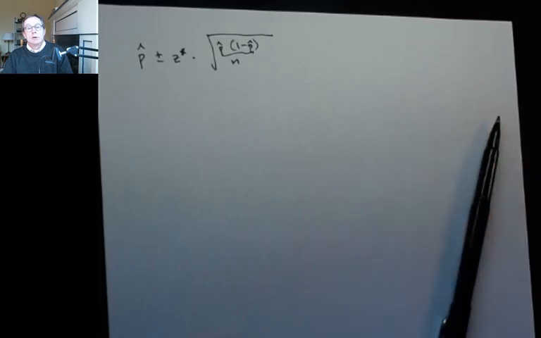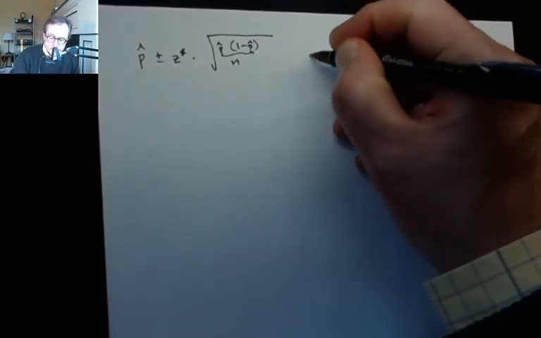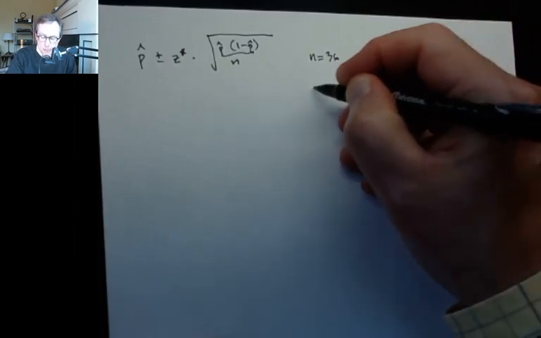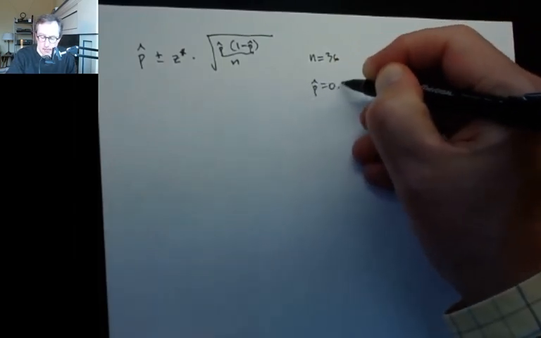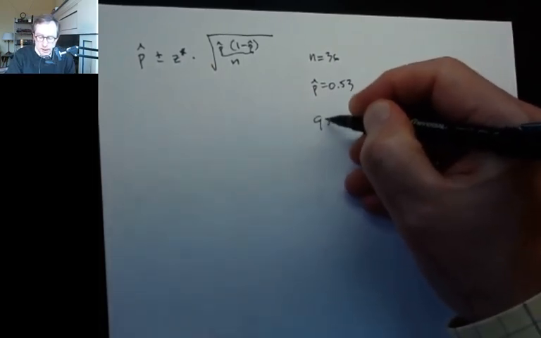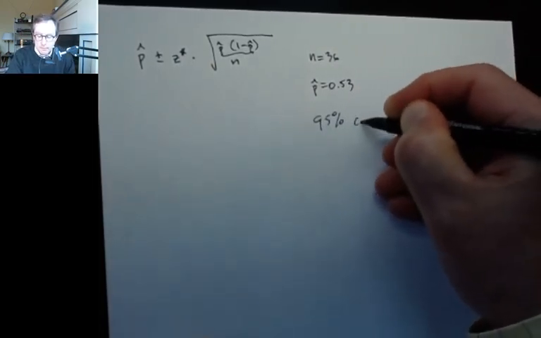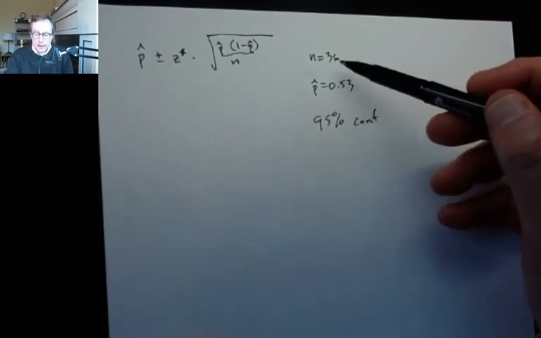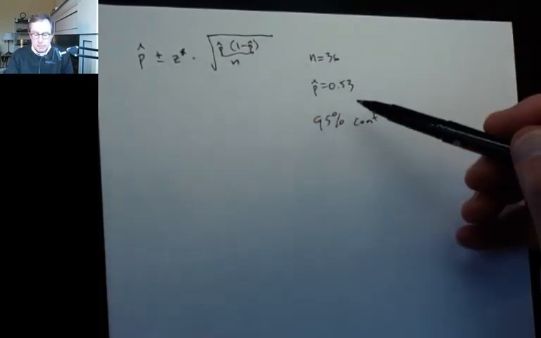Okay, now I know that the slide is on the previous slide, but it wasn't so long ago. There were N equals 36 students. We reported a P hat of 0.53. And we want a 95% confidence interval. The only thing, so there's an N, there's a P hat, I'm going to put it in just a second.